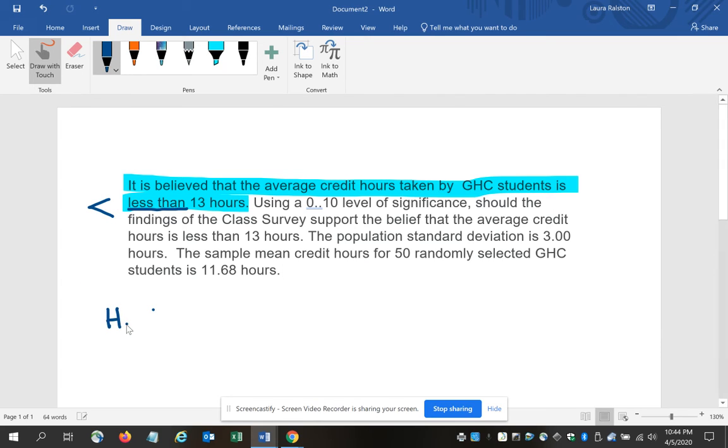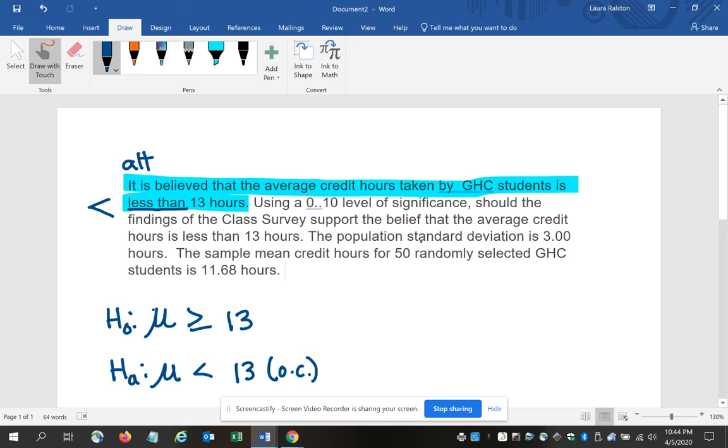It does not seem to imply equal because it doesn't say less than or equal to or at most. So because it's less than, this statement is the alternative. The mean is less than 13, and that's the original claim. If the mean is less than 13 is the alternative, then my null would have to be that the mean is greater than or equal to 13.